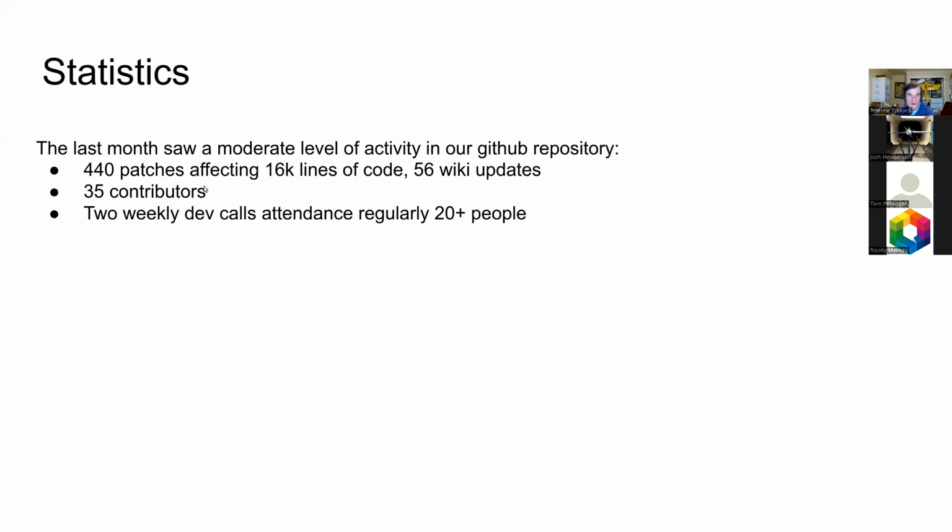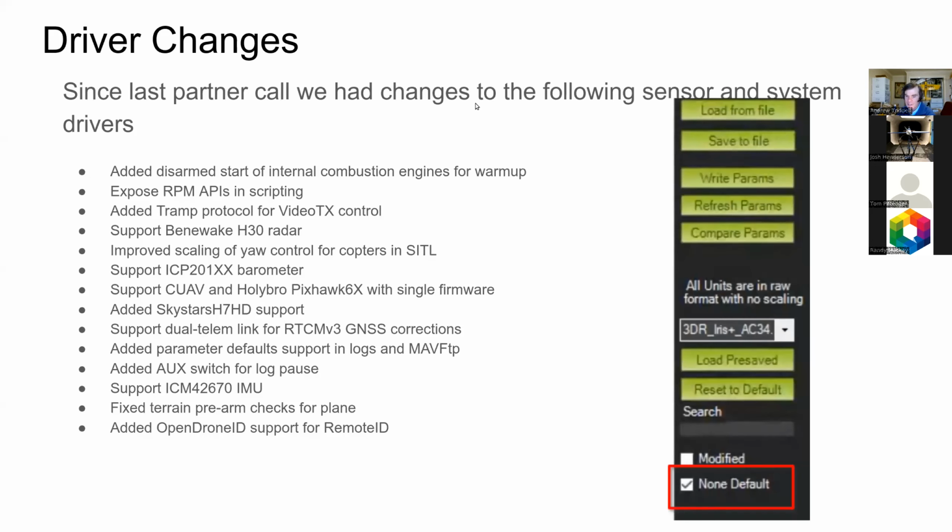So, summary: lots of code went in the last month. Lots of driver changes. One really notable one is we've now got support for when you fetch the parameters via FTP or in logs, we have the default parameter value as well as the current parameter value for every parameter. This means in Mission Planner and MAVProxy you can now say, only show me parameters that aren't the default, and show me the true default value. That's built into the protocol as of 4.3.